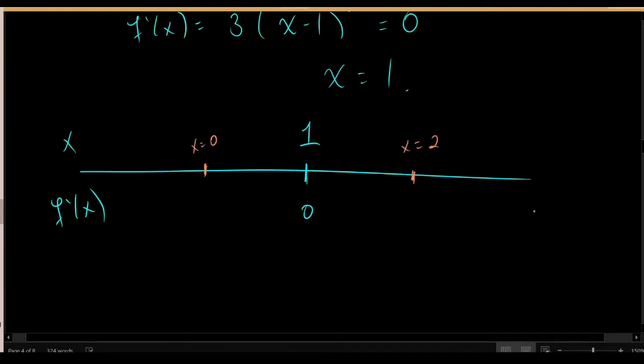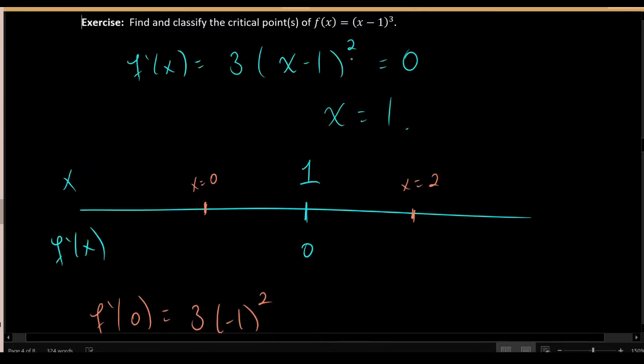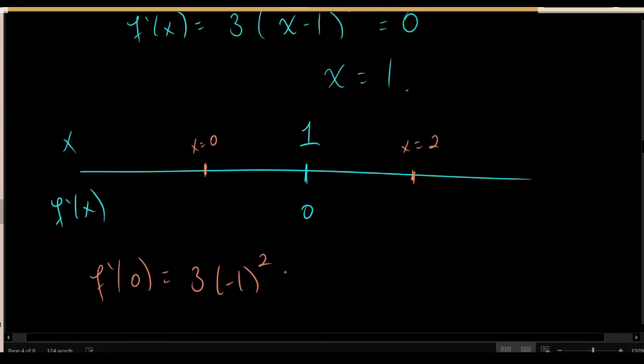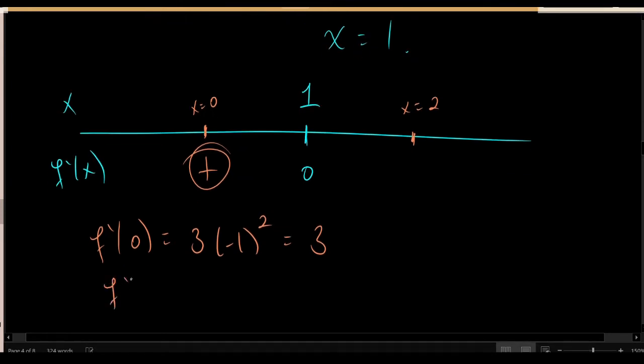If I plug x equals 0 into f prime, then I get 3 times (-1) squared. That evaluates to 3, which is a positive number. But if I plug in my second test point, f prime of 2, that's 3 times (2 minus 1) squared, which is still equal to 3 and is still positive.